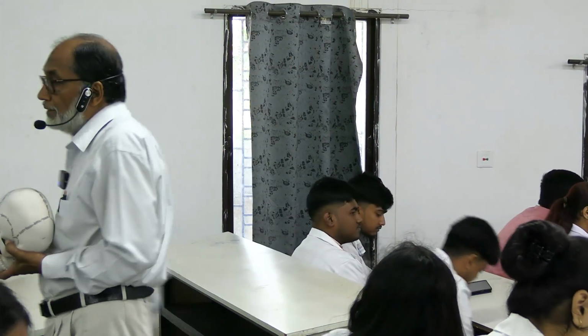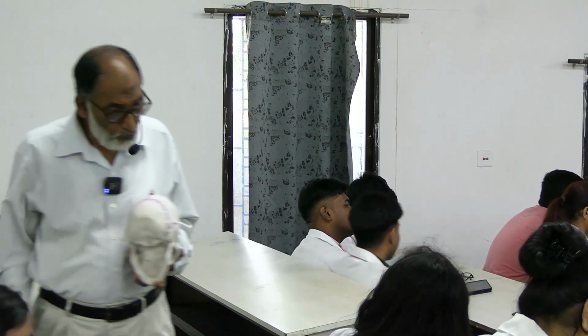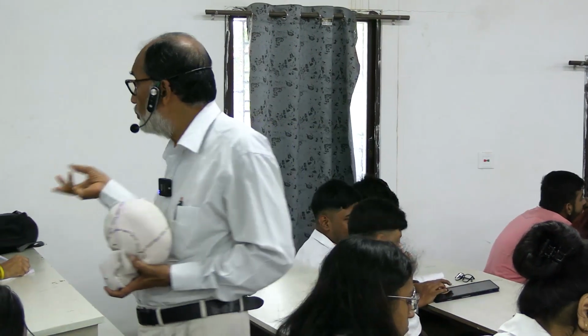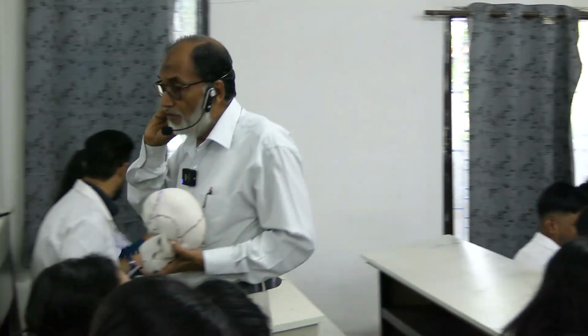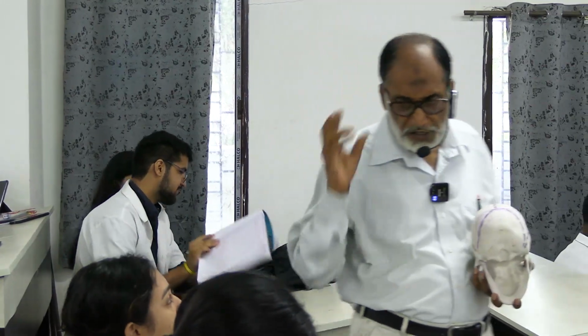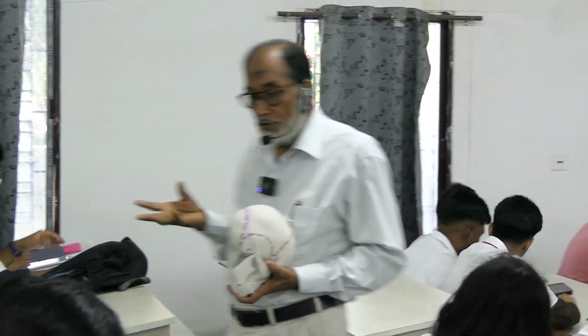That virus may involve ovary, that virus may involve testis, that virus may involve pancreas. So apart from parotitis, inflammation of the parotid gland, the patient may also complain of pancreatitis.